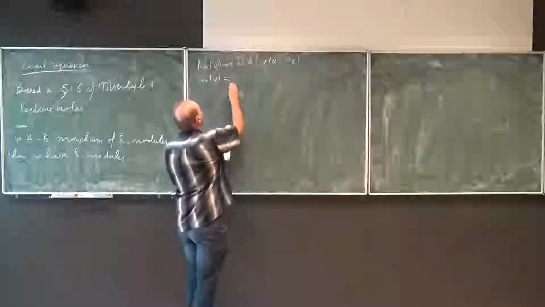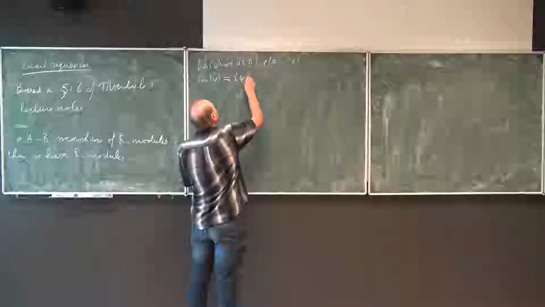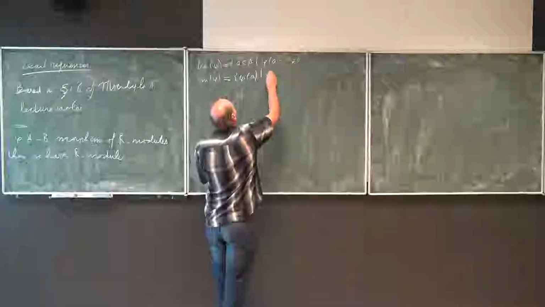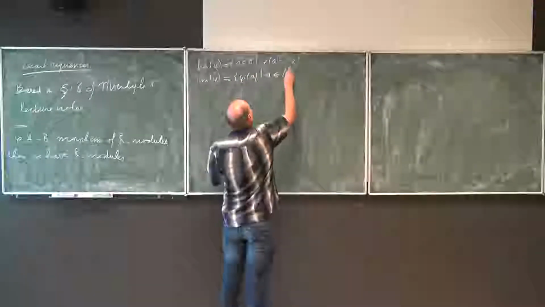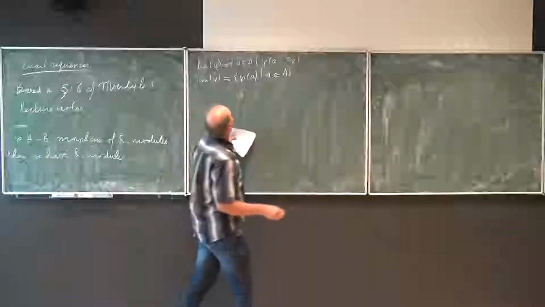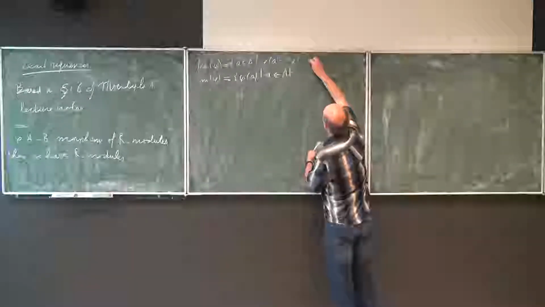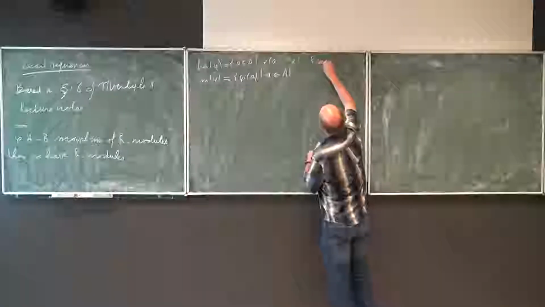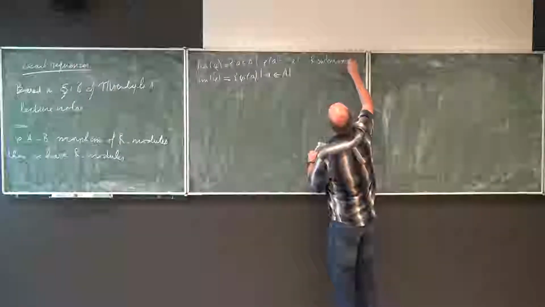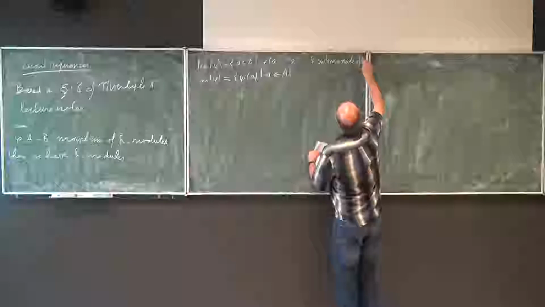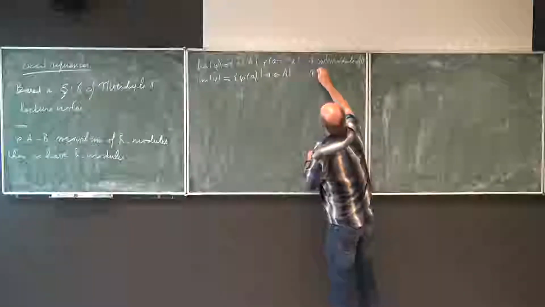That is everything I can get out of phi by applying it to everything in A. And this here will be an R submodule of A, and this is an R submodule of B.